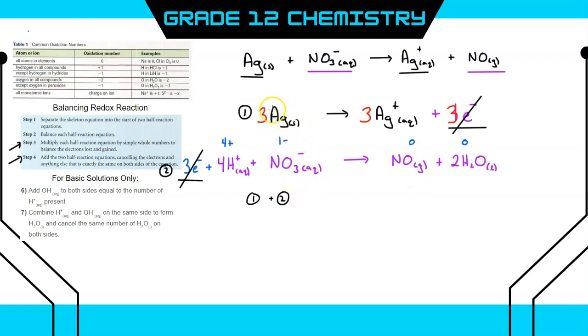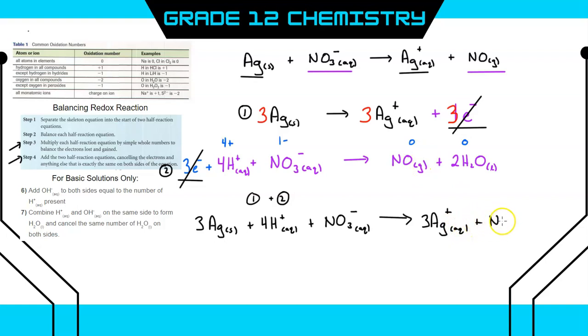Okay, so we have 3 silvers, 4 hydrogen ions, we have an NO3 ion, and then in our products we have 3 silver ions, we have an NO, and we have 2 water molecules.